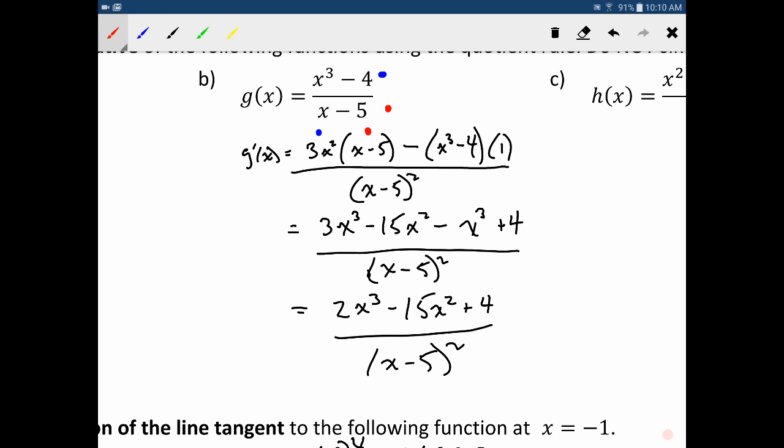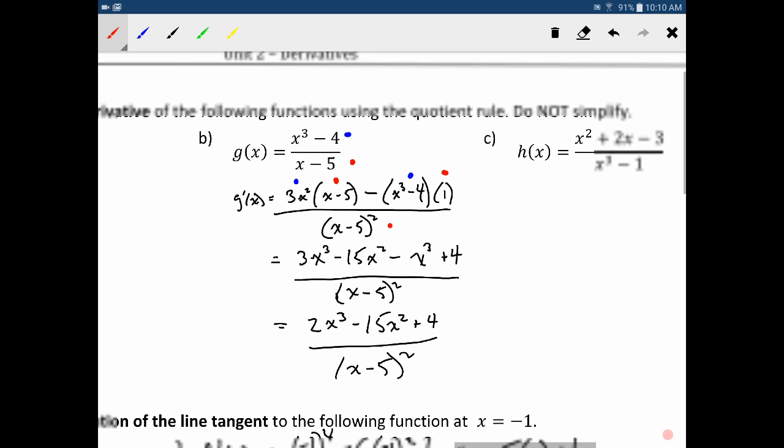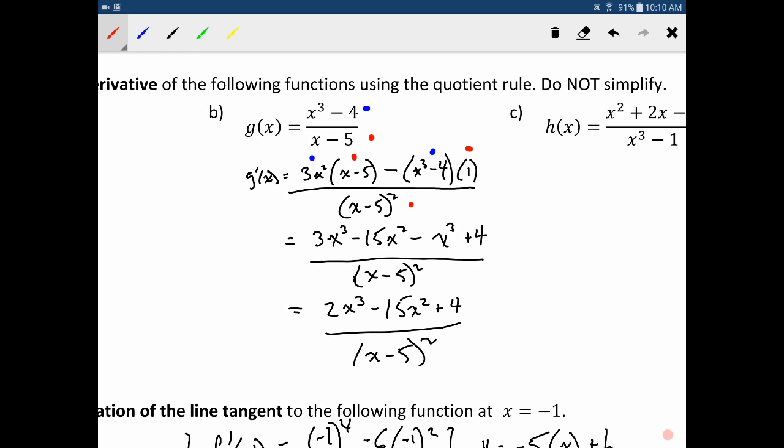You then subtract the top times the derivative of the bottom, and then we divide by the bottom squared. Now, this says do not simplify. I did kind of simplify that top there. You don't actually have to do that if it says do not simplify. Realistically, this is pretty much enough.